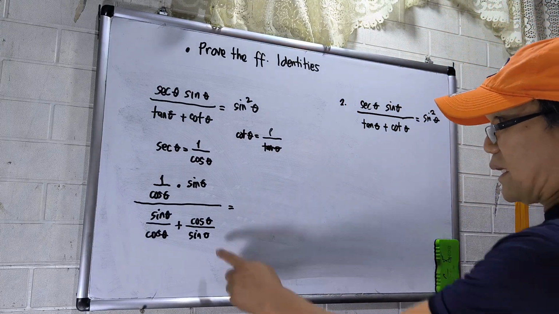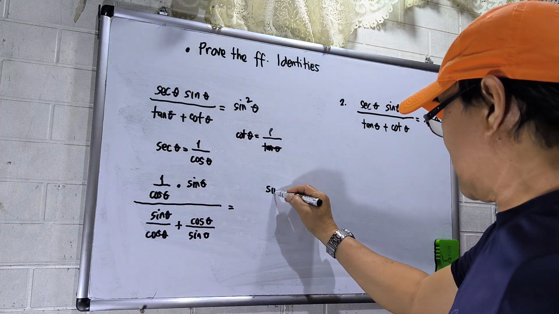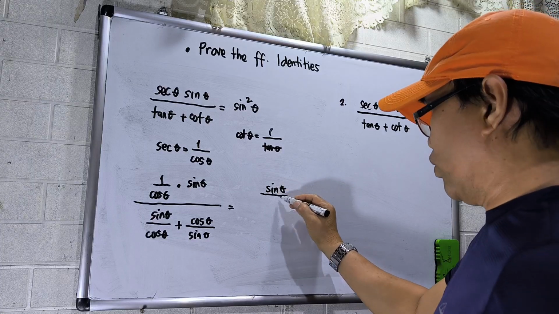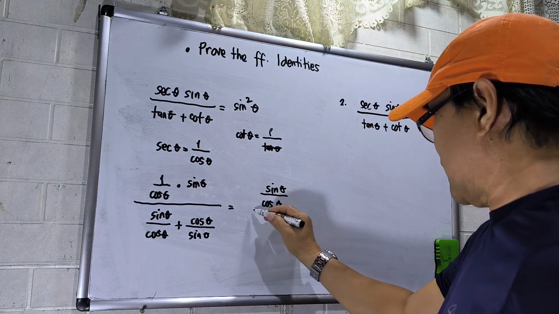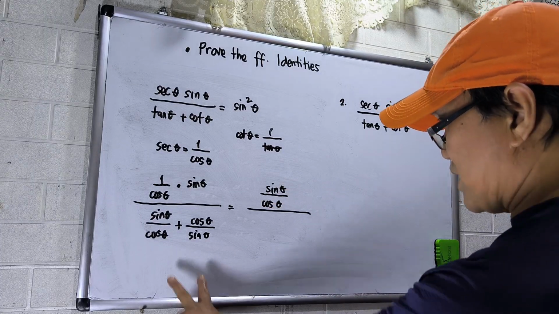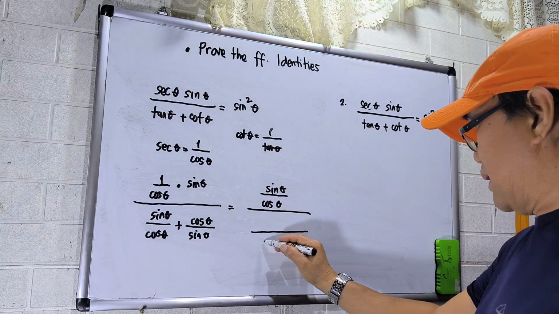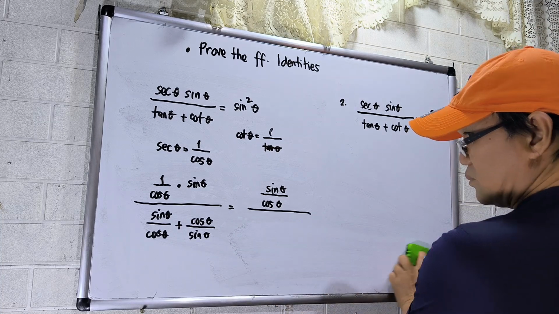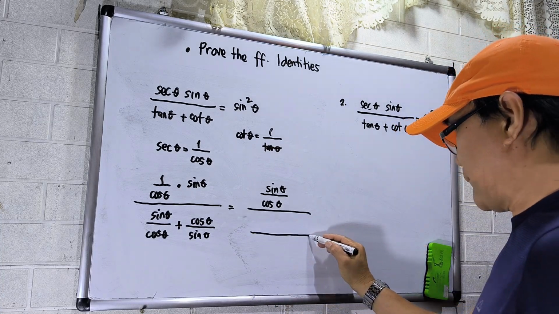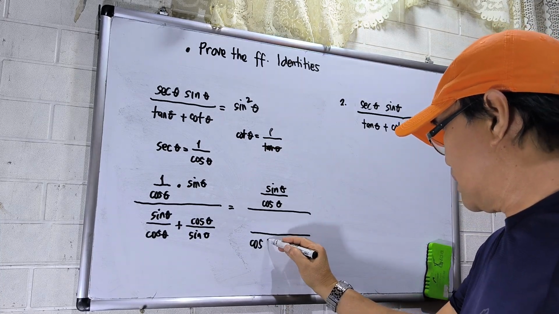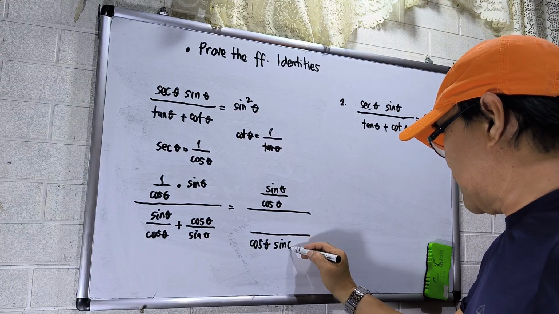So this one will be sine theta over cosine theta. Okay, this one will be LCD. The LCD for the denominator will be cosine theta, then sine theta.